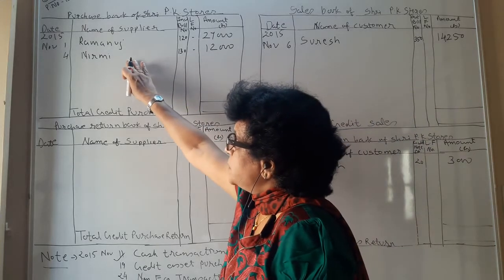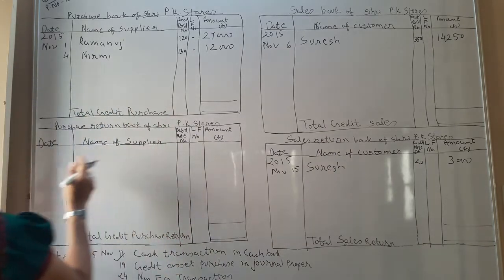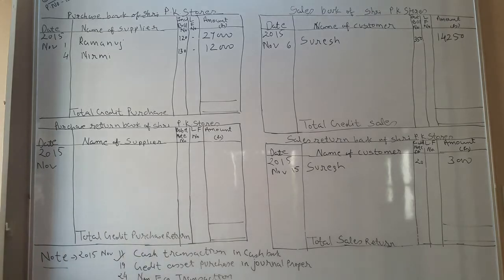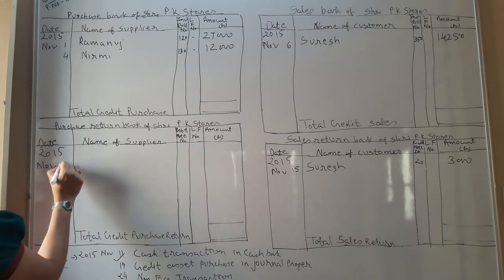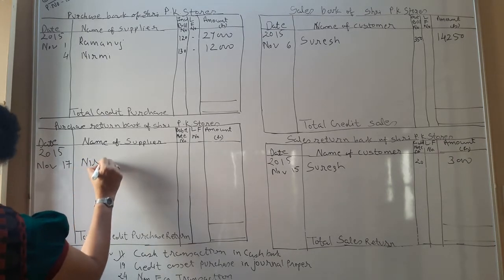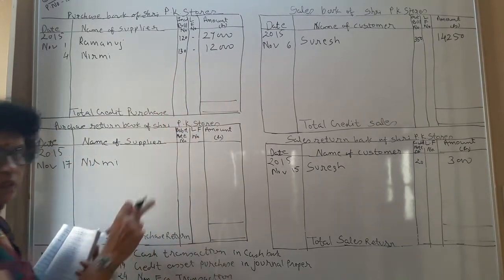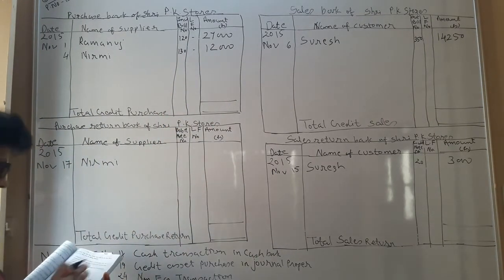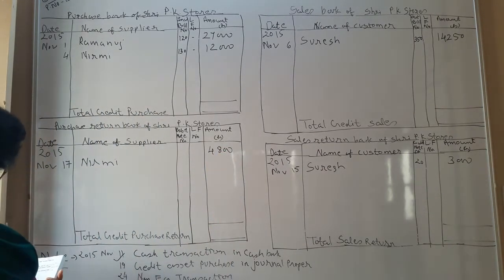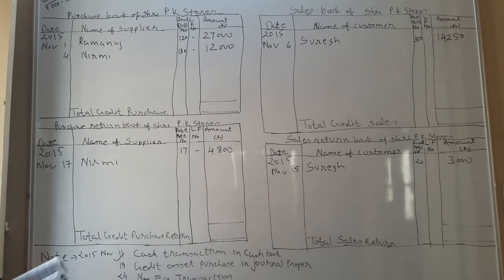So we have purchased from Nirmi, now we are returning to her, so we will record it into the purchase return, 2015 November, the date is 17. 40% of the goods, Nirmi. 40% of what you have purchased, 12,000, of that 40% you are returning, 4,800. And here 17 is the debit note number that is to be marked.